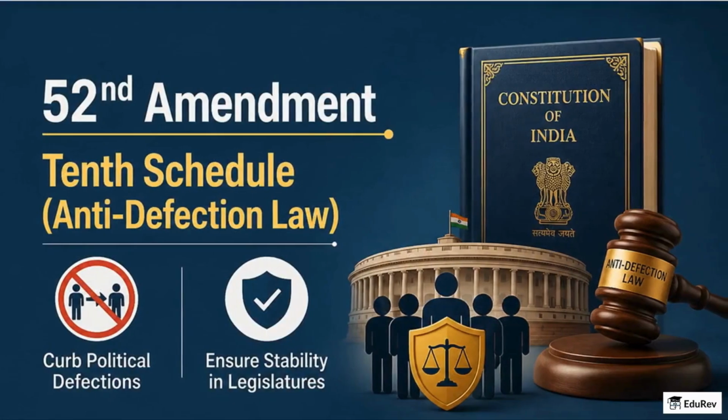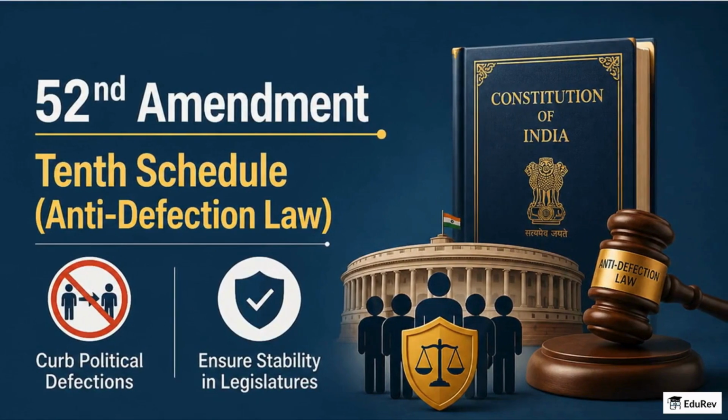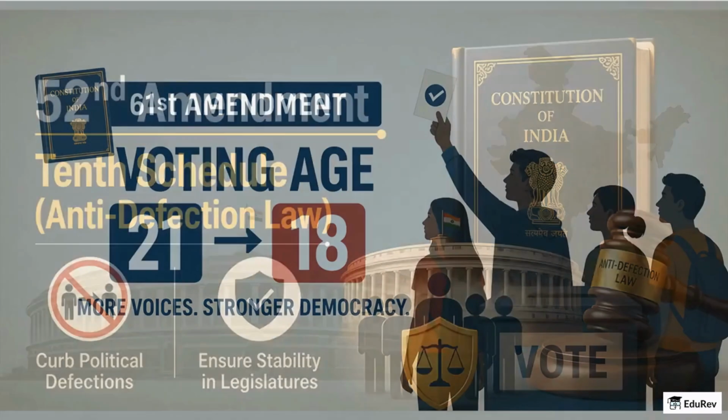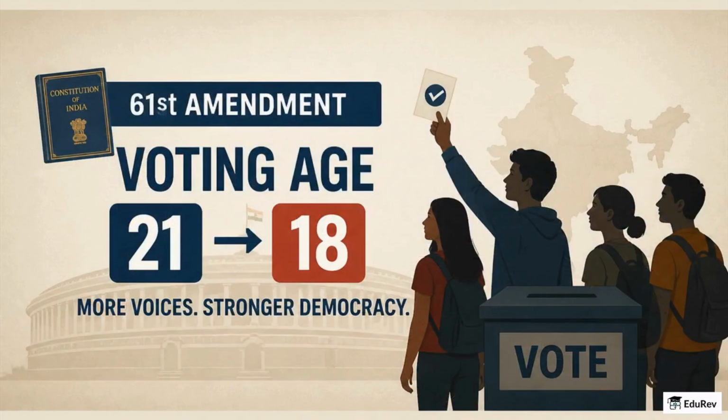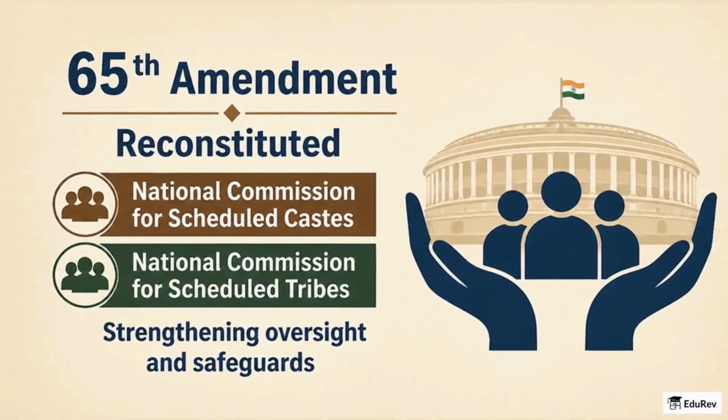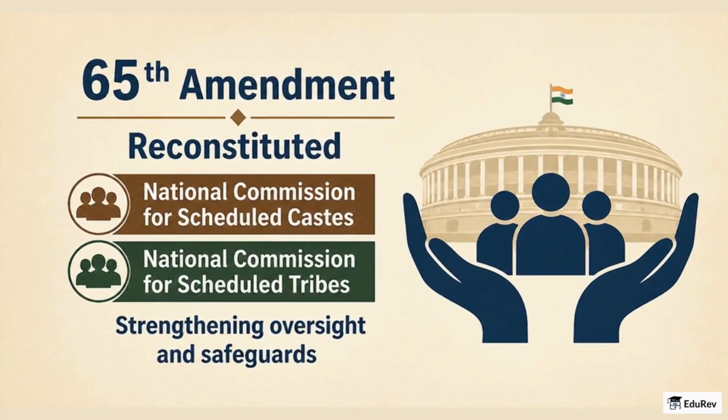The 52nd Amendment introduced the 10th Schedule, the anti-defection law, to curb political defections and add stability to legislatures. The 61st Amendment lowered the voting age from 21 to 18, broadening the franchise and changing electoral politics. The 65th reconstituted the National Commission for Scheduled Castes and Scheduled Tribes to strengthen oversight and safeguards.